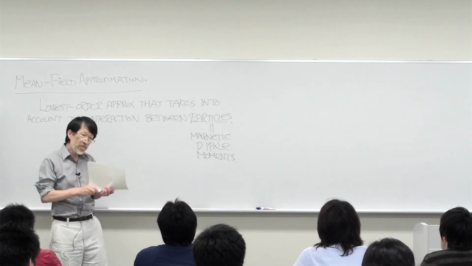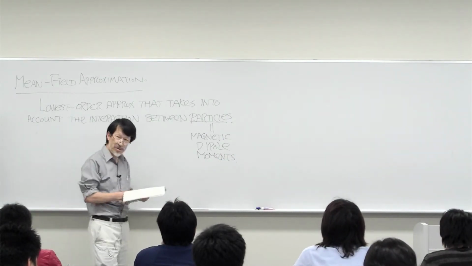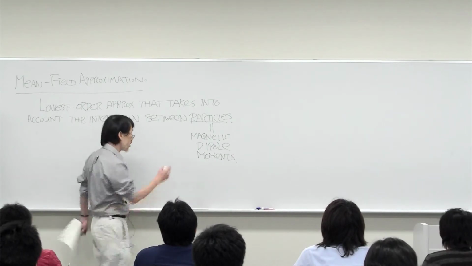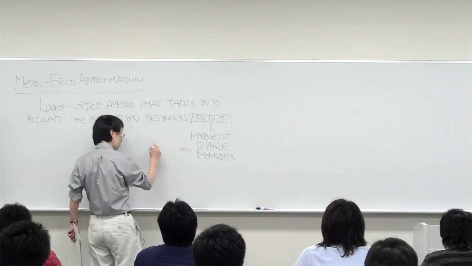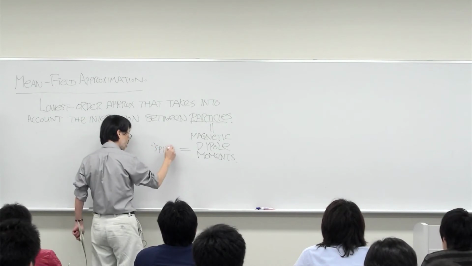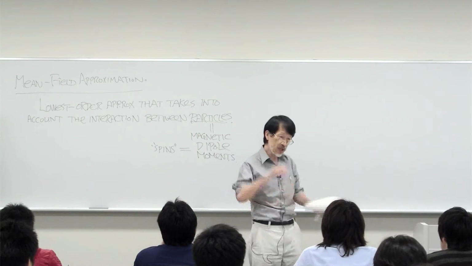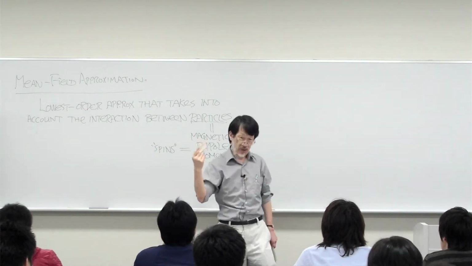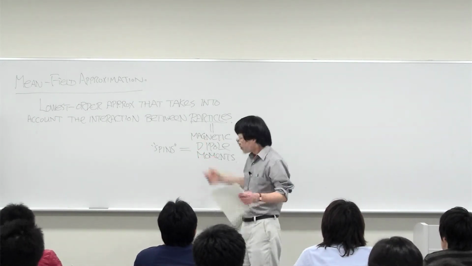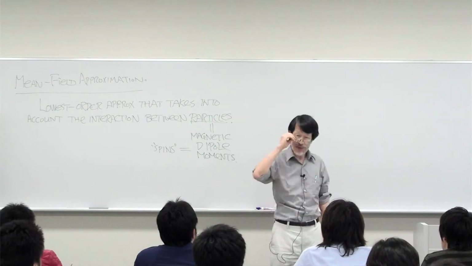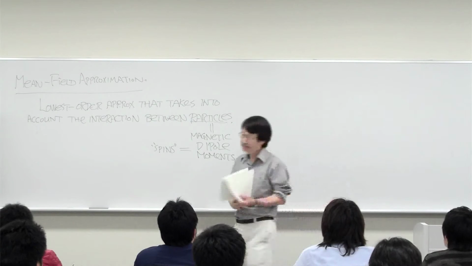And magnetic dipole moments, because this is rather long term, so people just call them spins. Spins, strictly speaking, are the spin angular momentum. Electrons have spin angular momentum, but instead of calling them magnetic dipole moments, often we use the word spins, all right?